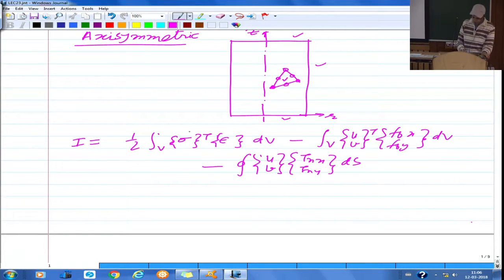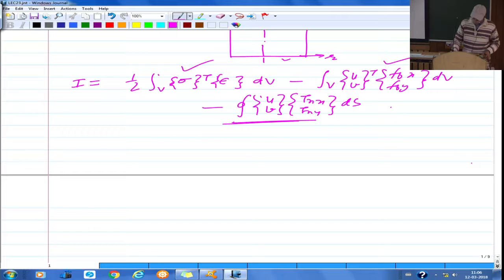So see here, if you look at this is your strain energy, this is the potential of body forces, which are external forces acting on the body per unit volume, and then this term is the traction on the element. So suppose you have a domain, it can be any domain, and within the domain you are formulating the element level governing equation, let's say for a triangle.